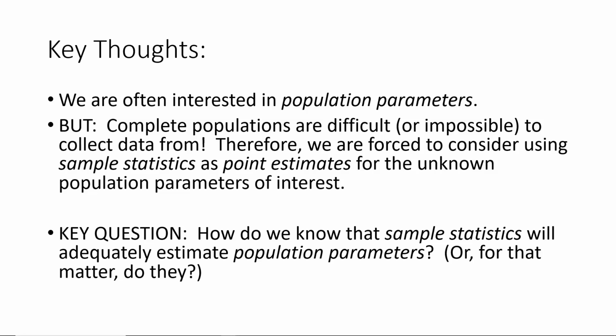How do we know that sample statistics will adequately estimate population parameters? Because if they don't, then we're wasting our time in this course. And so that's what we're going to take a look at, is how we can start to know that using sample statistics is a way of estimating population parameters.